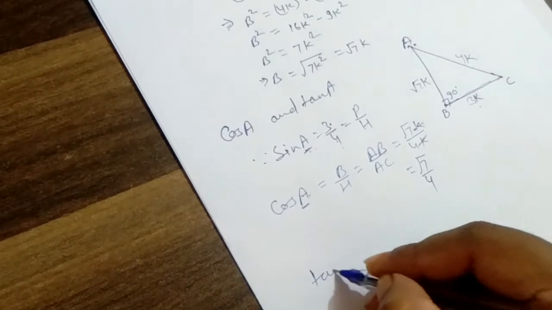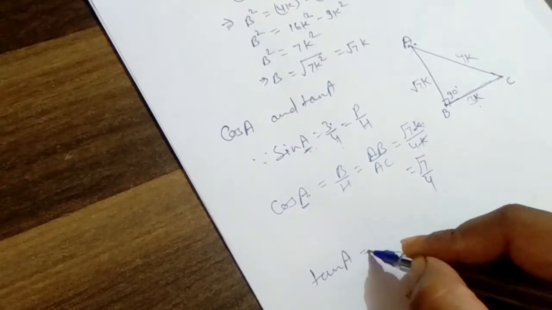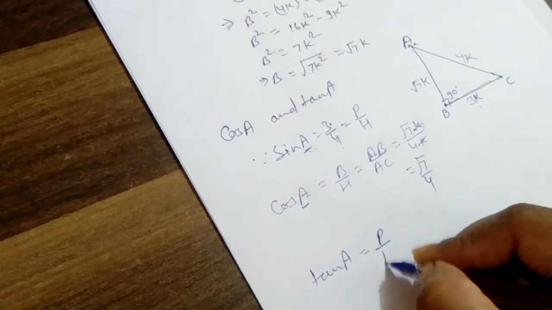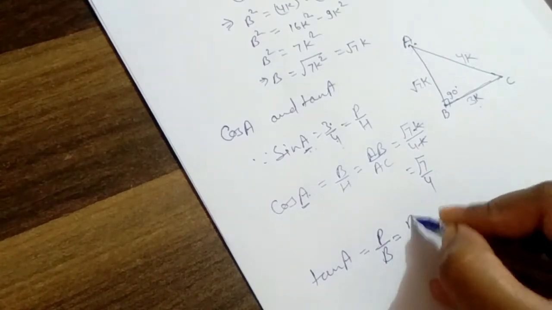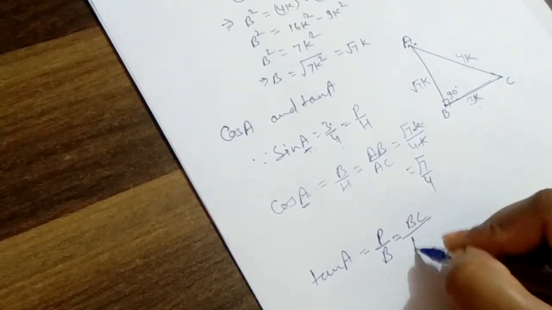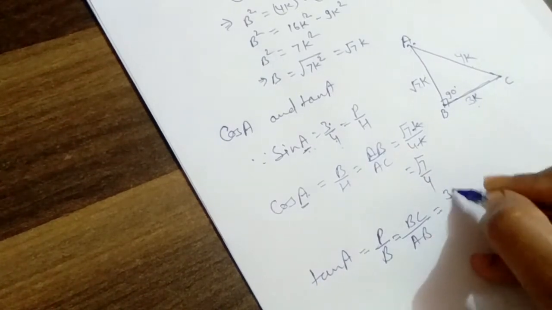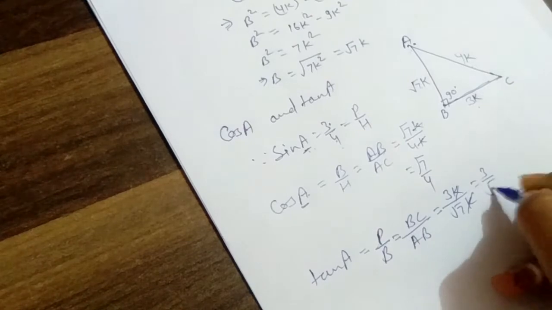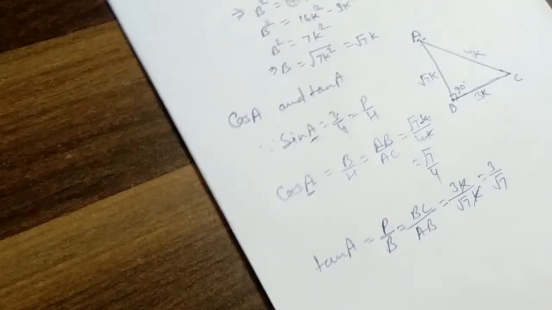And tan A, since tan theta is equal to perpendicular upon base, for angle A the perpendicular is BC and the base is AB. So this is 3k upon root 7k, which is 3 by root 7. So this is our question number 3, which is complete.